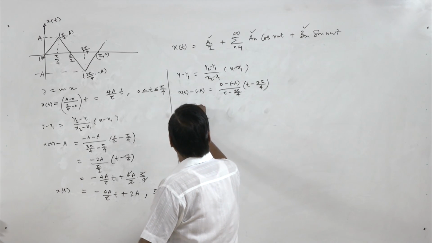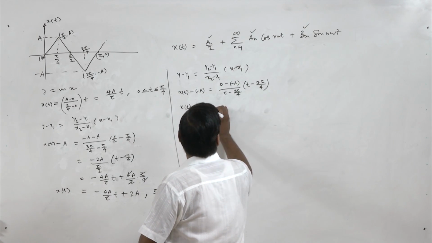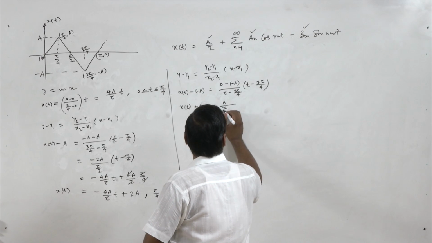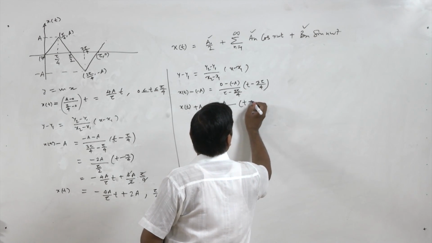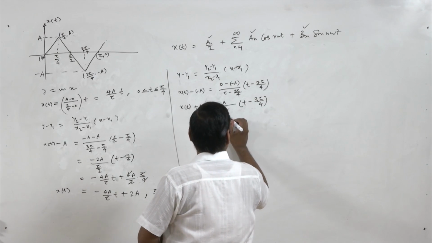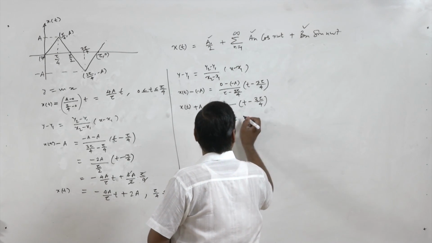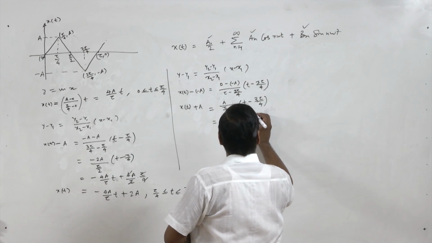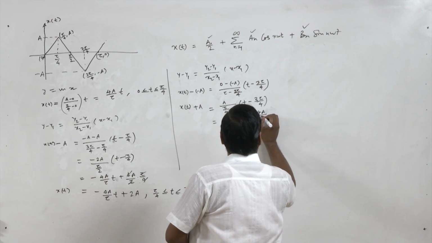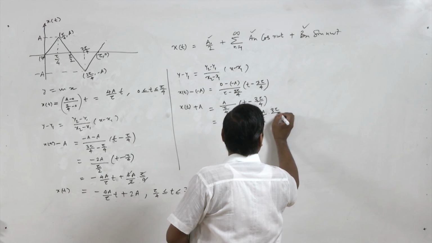So x(t) plus a equals a upon tau minus 3 tau by 4, which is tau by 4, times t minus 3 tau by 4, so equal to 4a by tau into t minus 4a by tau into 3 tau by 4.